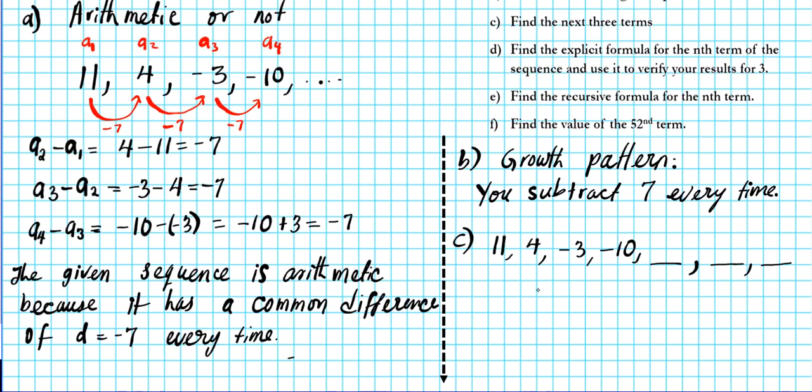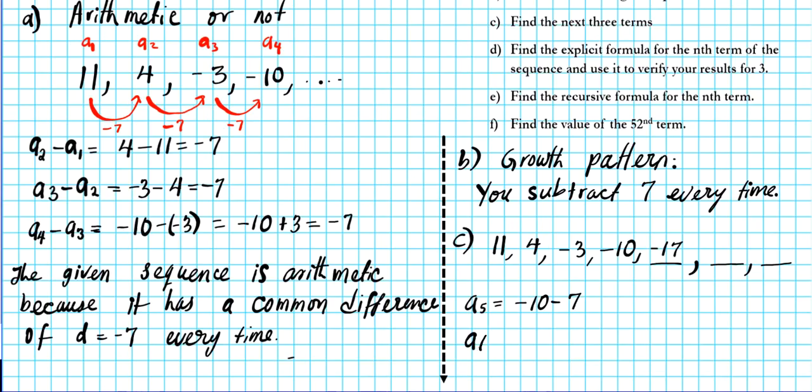Okay, so A5 is going to be A4 minus the common difference. So it's going to be -10 minus 7, because that's what you do every time. That will give you negative 17.